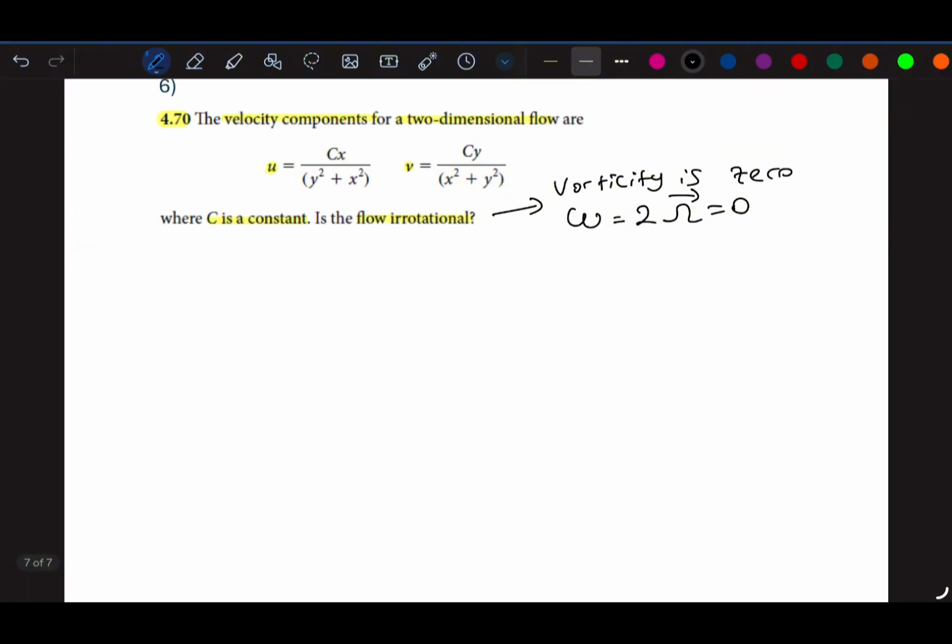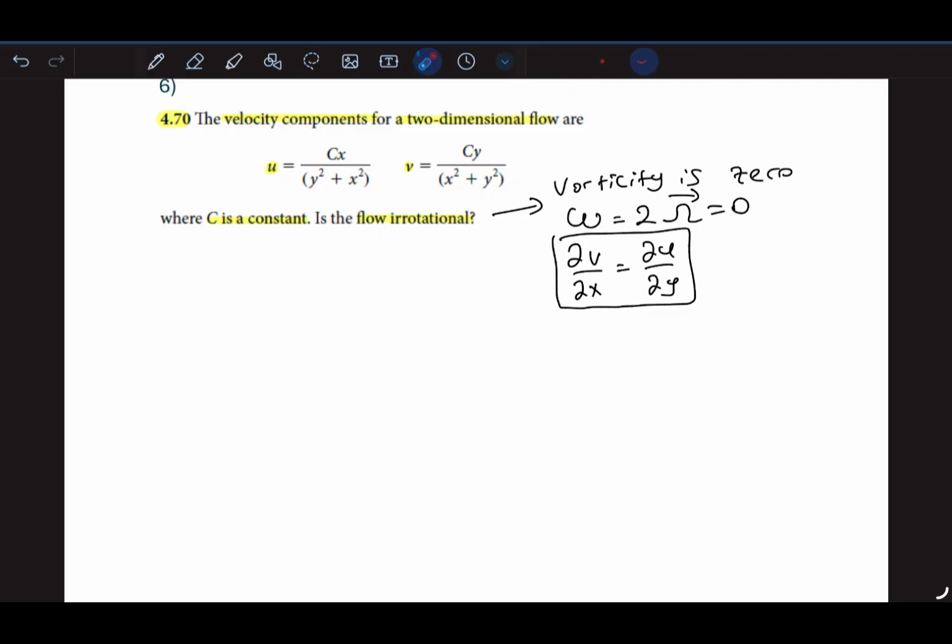In other words, it means the partial derivative of v with respect to x is equal to the partial derivative of u with respect to y, and you can find this in your course slides. So when we meet this requirement, our flow will be irrotational.